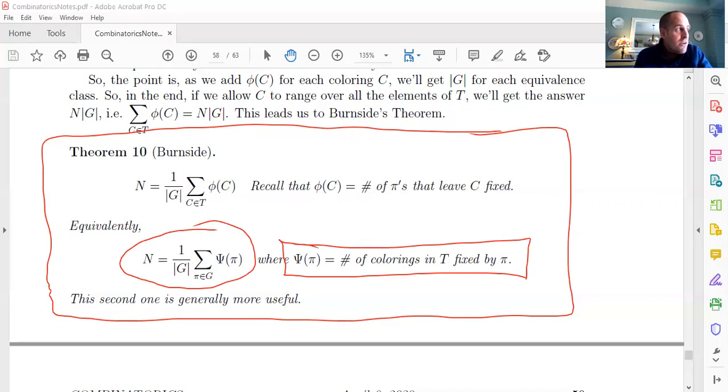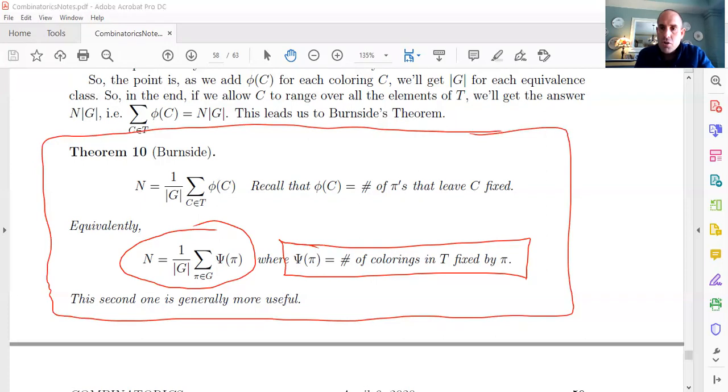So one thing I want to point out is all of the theory that undergirds Burnside's theorem didn't really depend on the sorts of things that we were coloring. We could be coloring vertices, we could be coloring edges, and we can even color things in a specific way. So for instance, I might require that all of the colorings on the vertices be different colors.